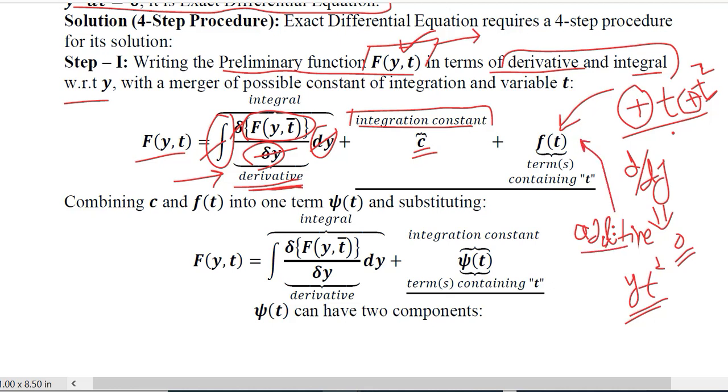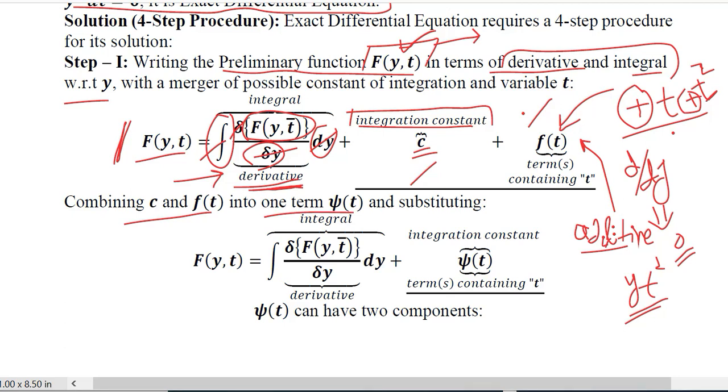So we write them as f of t, that is all those terms that contain t. So you see that we have done integration and differentiation, and it leaves no effect except for bringing in the constant of integration and terms that are in terms of t. So we combine c and f of t into one term, that is psi of t.